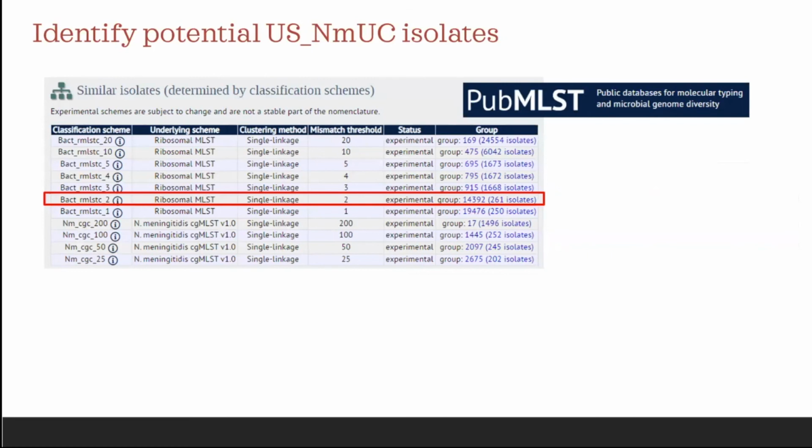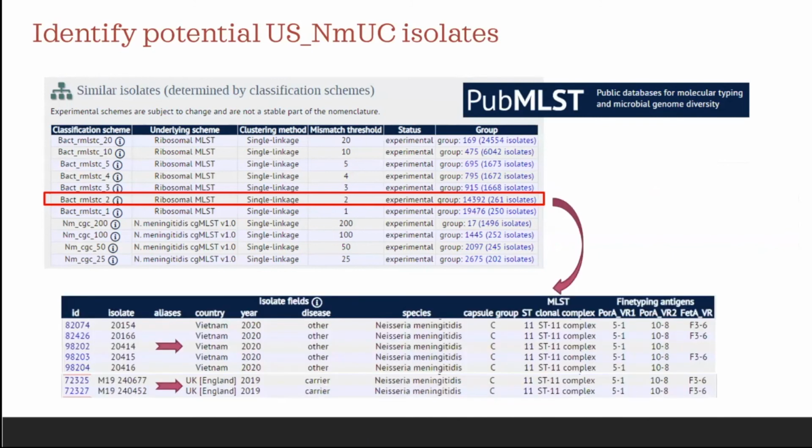Another advantage of the database has been the use of the ribosomal MLST typing to identify clade isolates. This allowed us to identify from Vietnam and from the UK isolates that were a part of the urethritis clade.